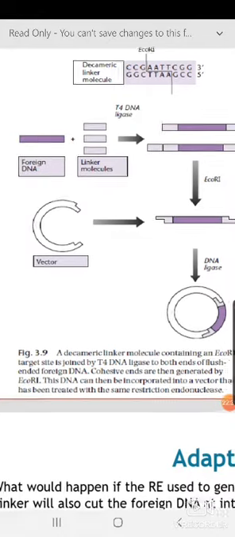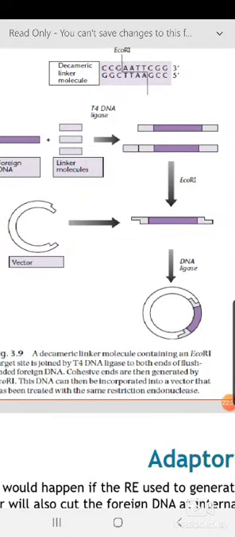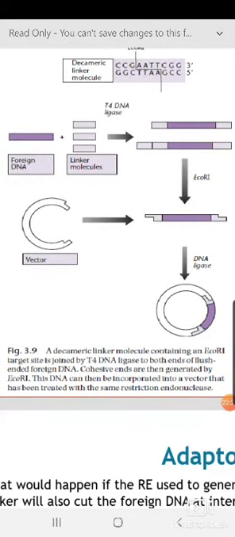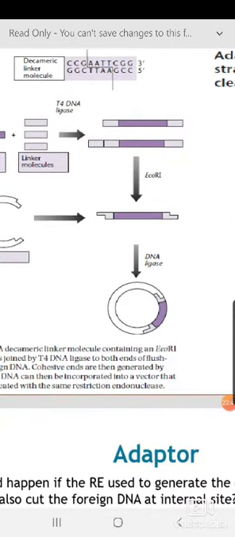Try to understand the question. If I cut with EcoR1, I can only get back my gene of interest with the linker, but I want only my foreign DNA, that is only the purple color one. How do I get it? The answer is, once it is joined, at the joining site you need to design it in such a way that another restriction site will be developed.